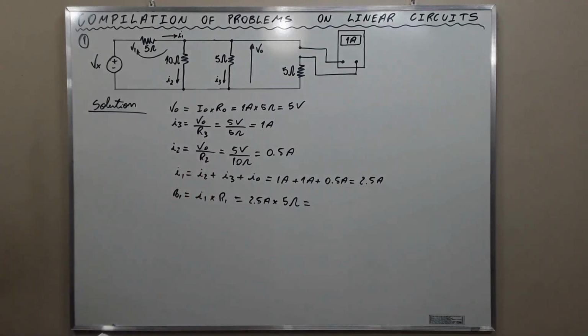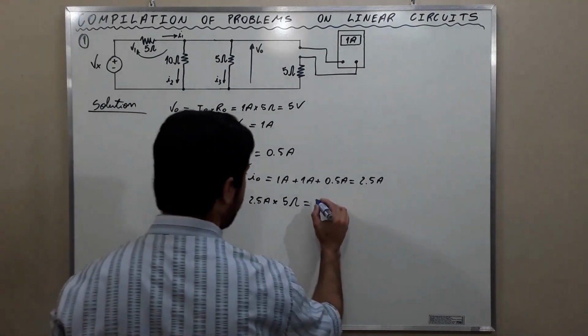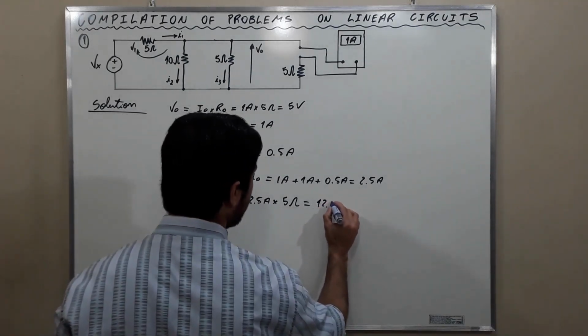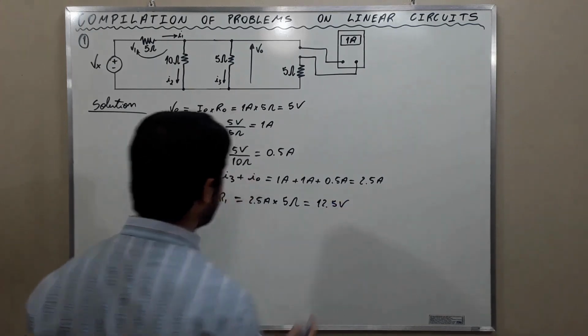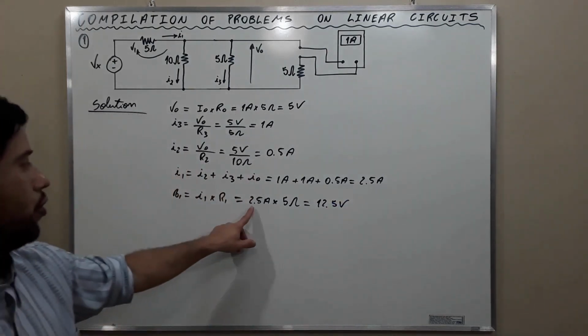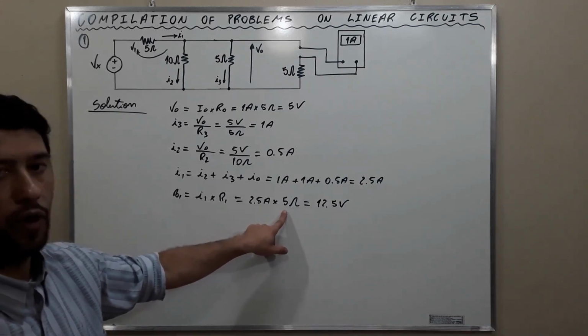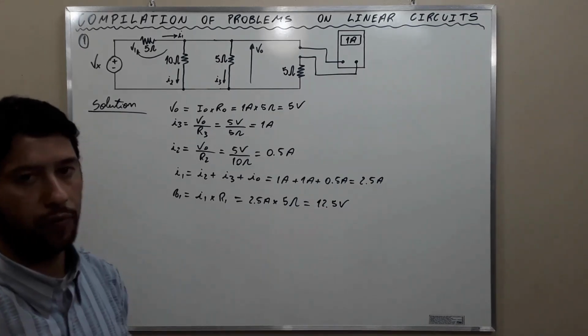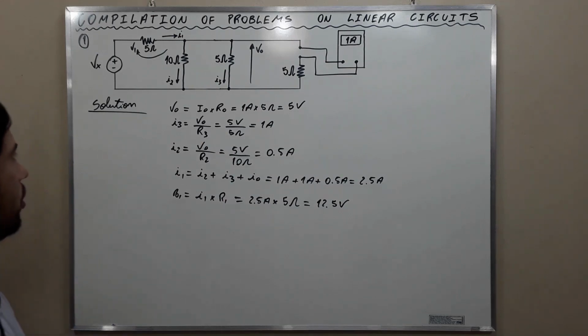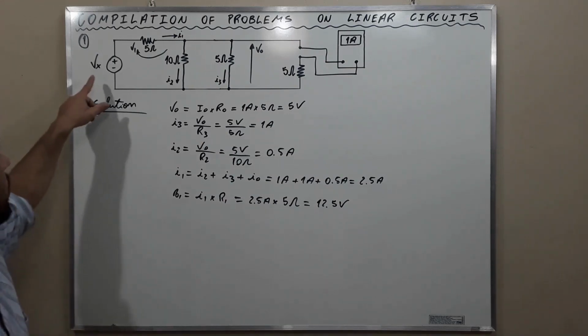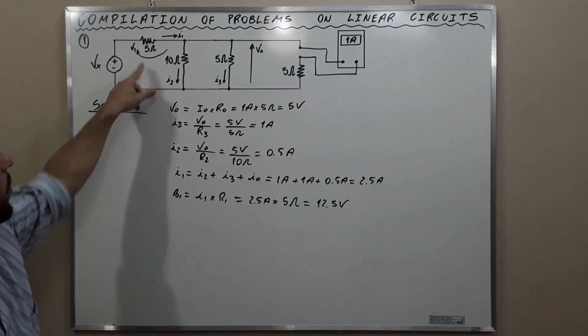And 5 times 2.5 is 12.5 volts, okay? 2.5 amps times 5 ohms is 12.5 volts. All right? Now we know V1.